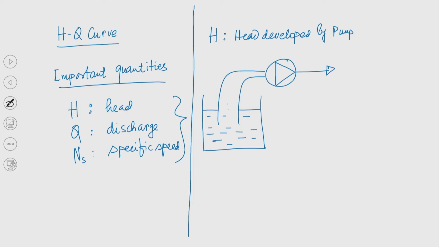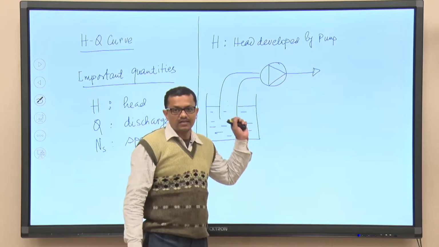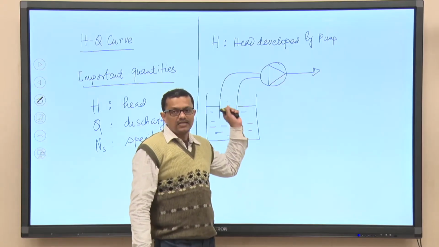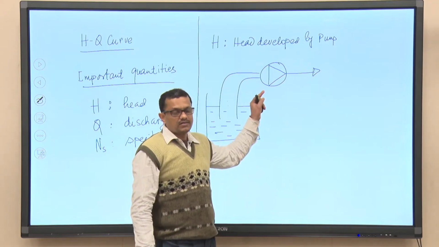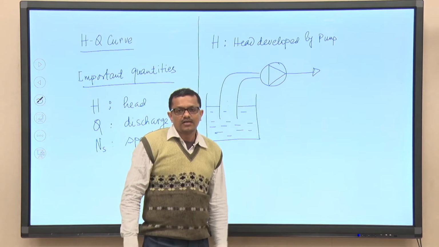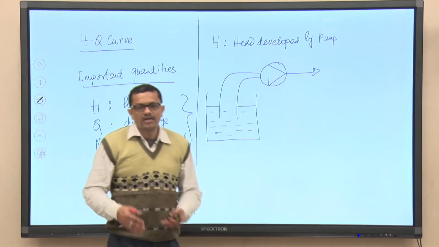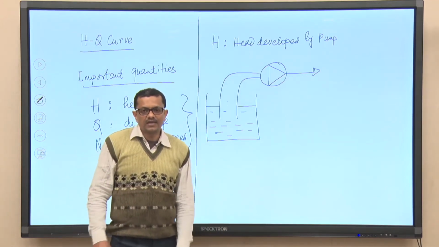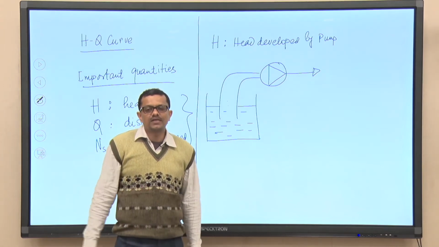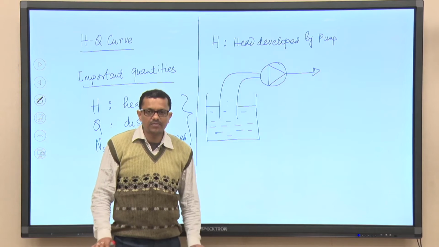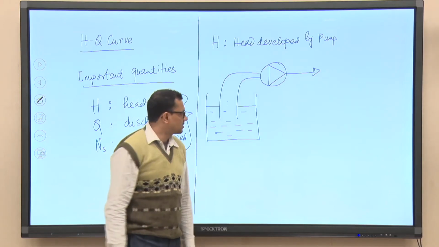And if we try to recall, there are two pressure gauges, one at the suction side of the pump and another connected to the delivery line of the pump, and from these two pressure gauges we measure the suction pressure and the delivery pressure, and probably that part we have discussed in the last class.